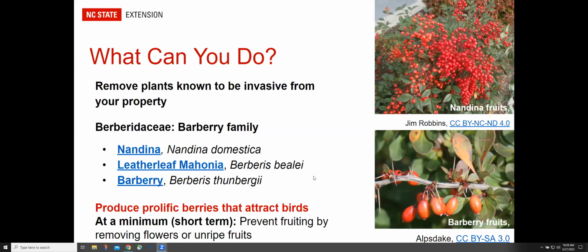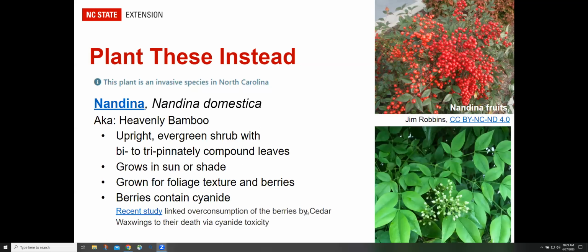That's a lot more realistic with Nandina and Mahonia, because they produce those flowers and fruits in clusters at the top of the plant, so it's pretty easy to cut them out. It would be extremely difficult with barberry, as you see in the lower picture, because the flowers and the fruits are all along the stem throughout the plant. So that's a practical consideration.